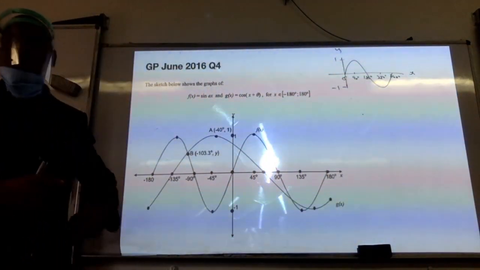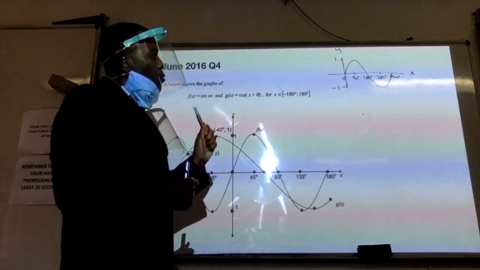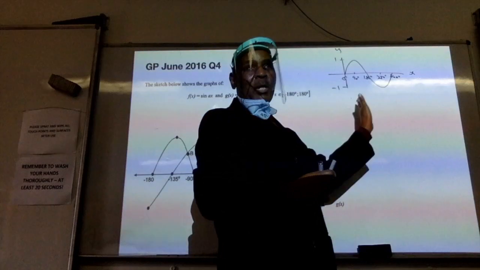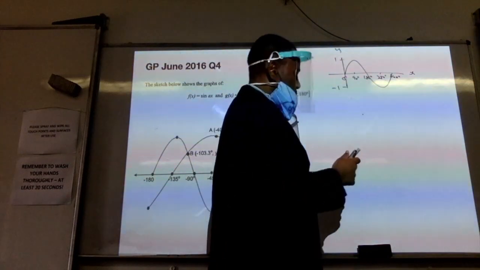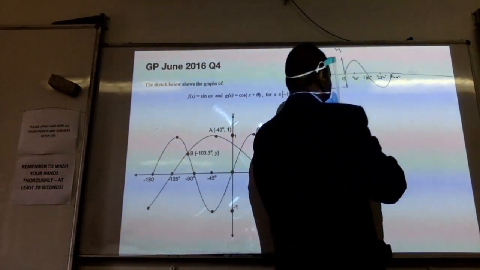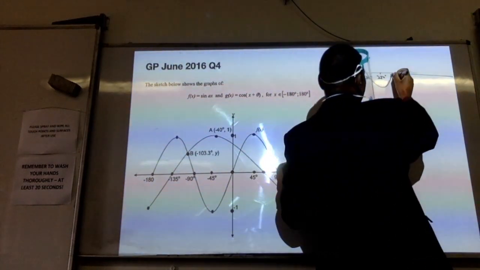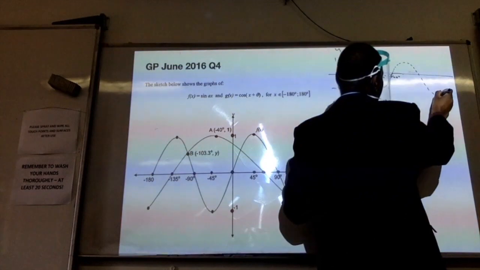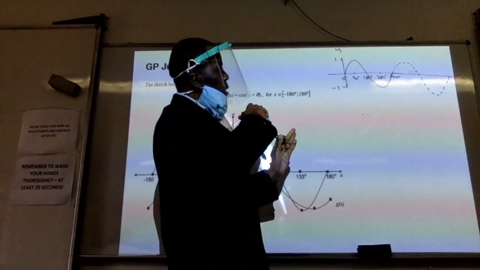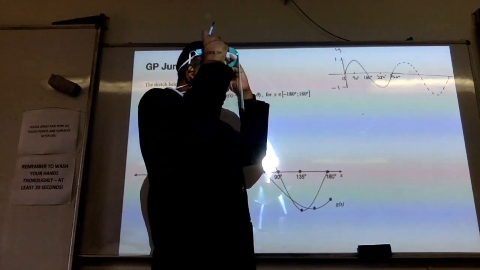The graph of sine looks like that. If you want to continue drawing the graph of sine, you will notice that you are actually repeating this pattern. This is the same shape that continues. It's a wave, so it keeps on repeating. It will repeat to the right, and also repeat to the left.